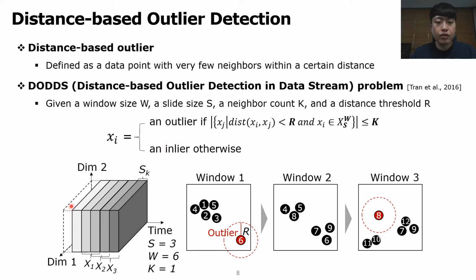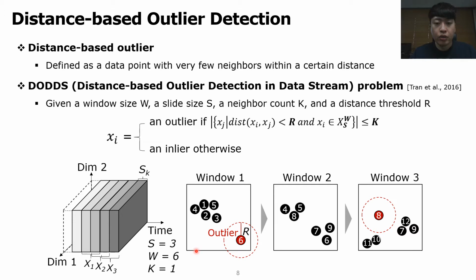So in this two-dimensional data stream, we have a slide size, window size, neighbor count threshold, and distance threshold. With these parameters, in every sliding window, the algorithm must find distance-based outliers.